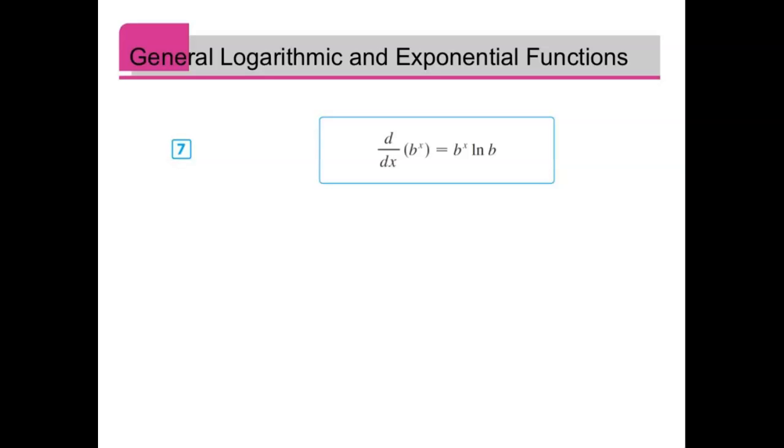All right, so here's your general formula for the derivative of an exponential function. And we'll go ahead and derive that. So the way we can derive that, I'm going to say y equals b to the x. So what I want to figure out is what's y prime, right?